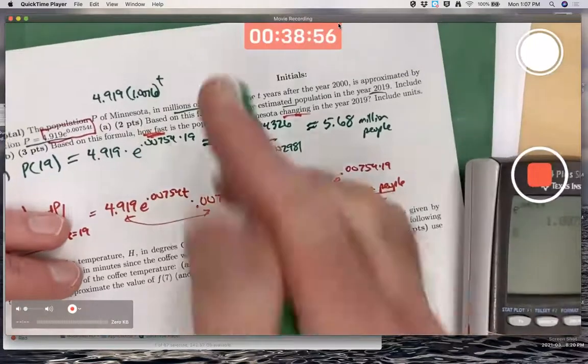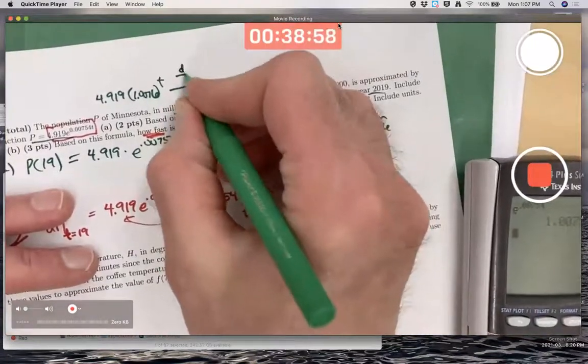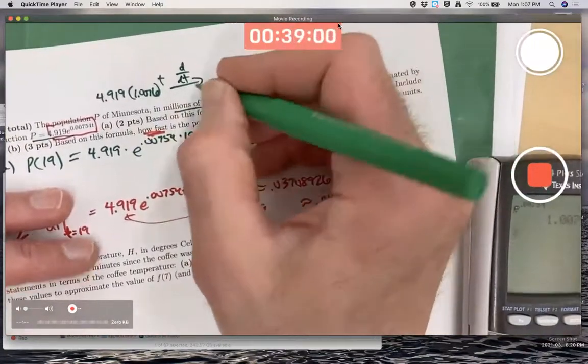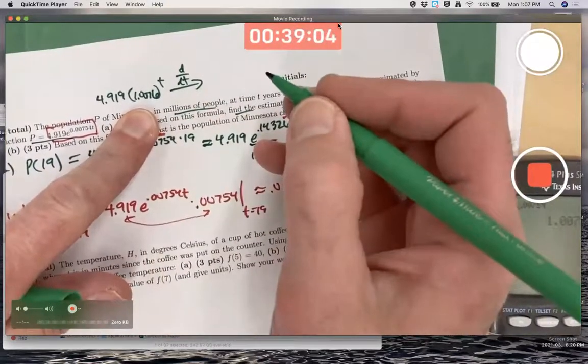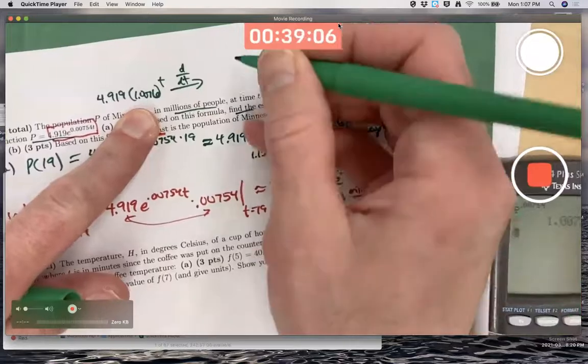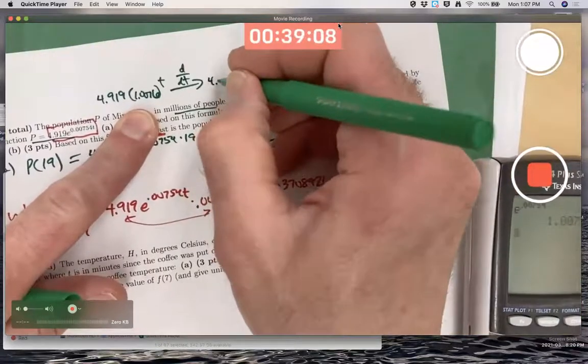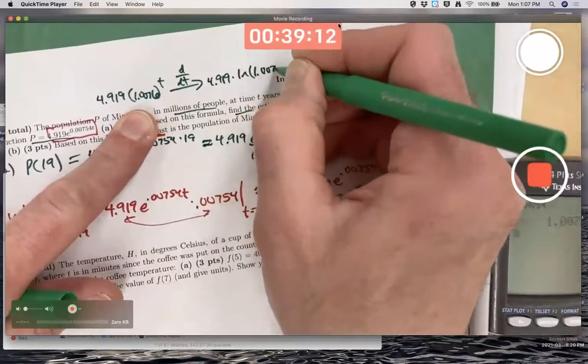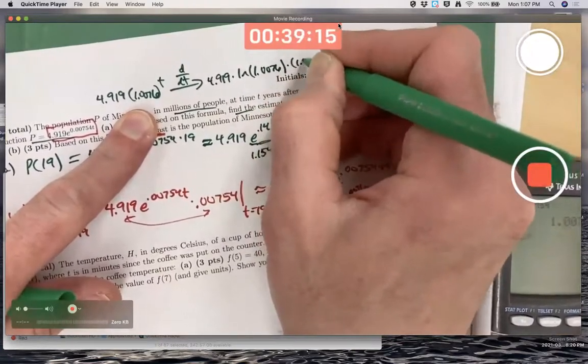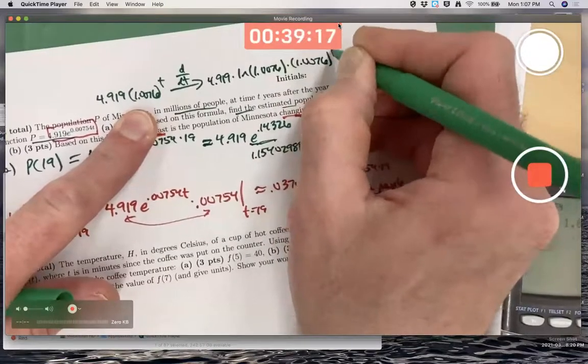If you differentiated this, remember, and you should know this for the exam, when it's not base e, but some other base, you need an extra factor of natural log of that number. 4.919 times natural log of 1.0076 times 1.0076 to the t power.